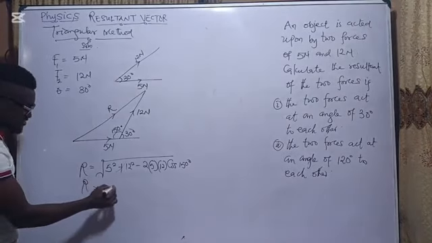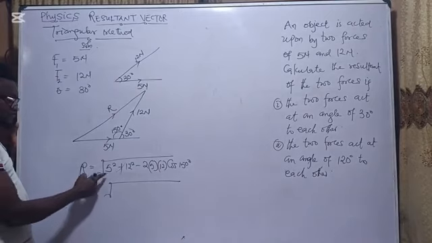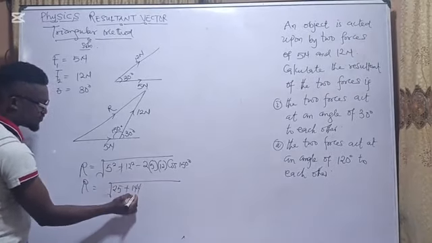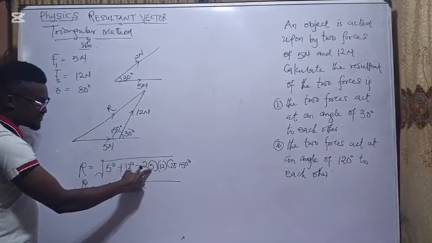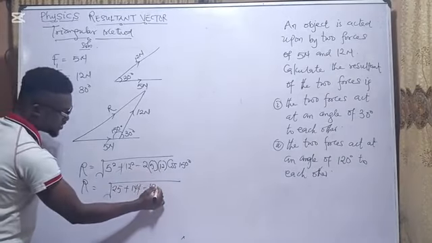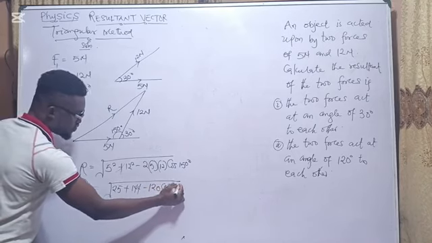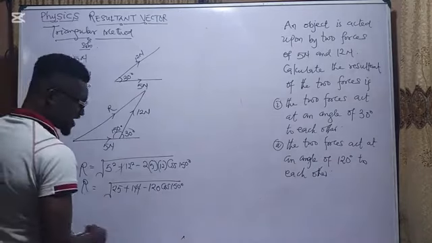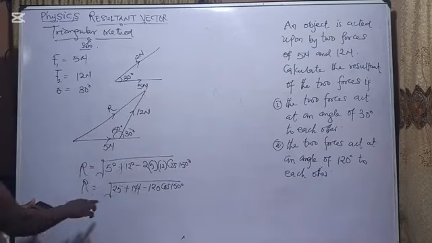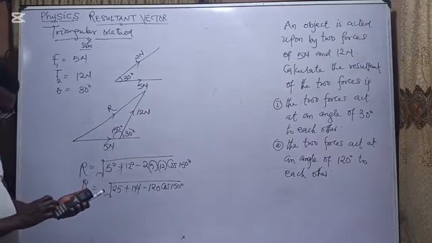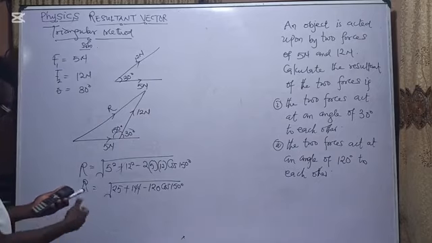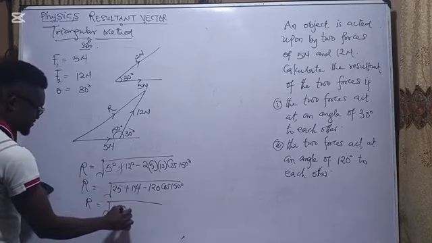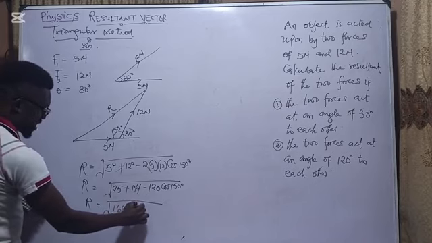So the resultant now becomes the square root of 5 squared, which is 25, plus 12 squared, which is 144, minus 2 times 5 is 10 times 12 is 120, then cos 150. Okay? So we simplify this now. At this point, 25 plus 144, we have 169. So here we have 169 minus 120.